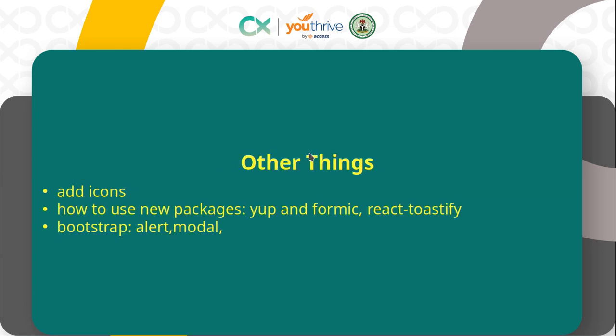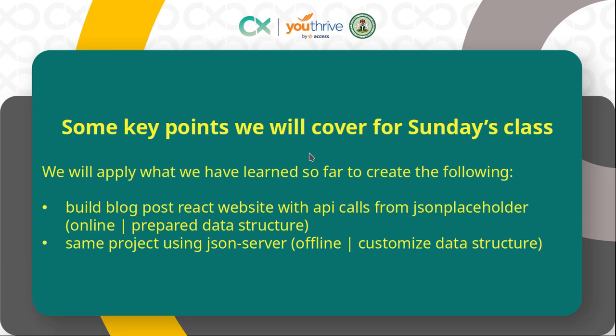So for our class today, we are going to learn how to build a blog post React website with API calls from JSON Placeholder. Now JSON Placeholder is a free API that you can use for learning purposes. Remember, as a front-end developer, when you design the front-end, at first it will be static.